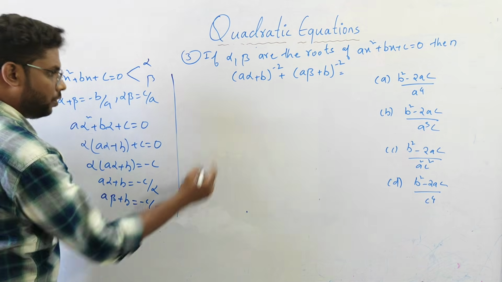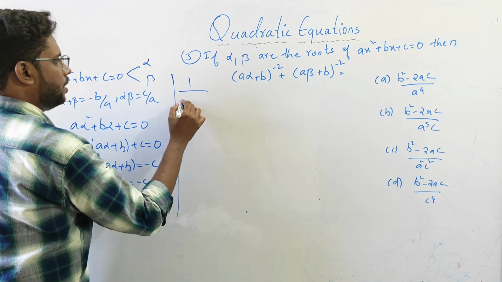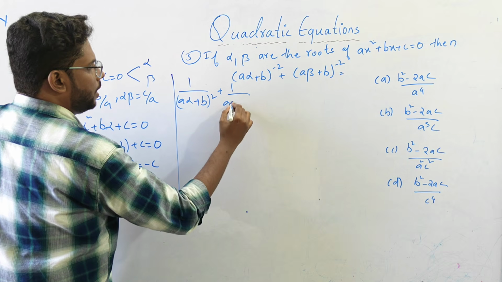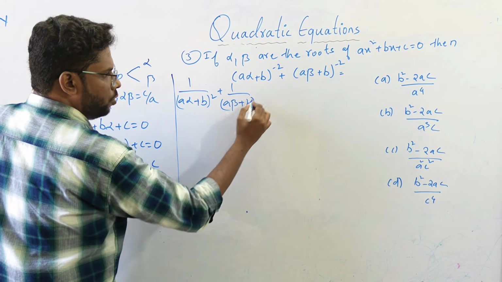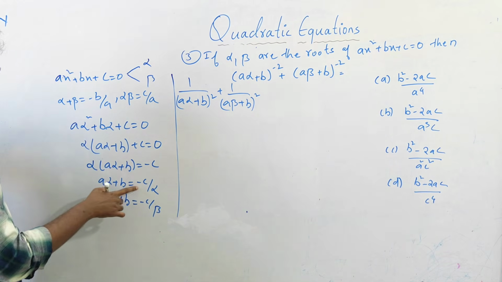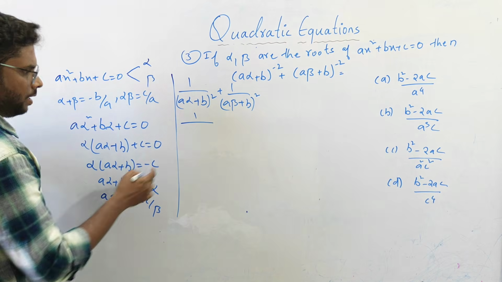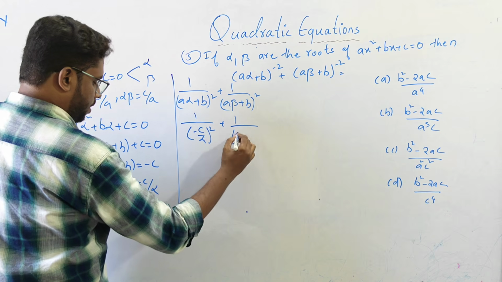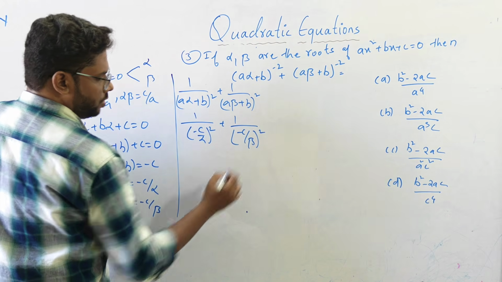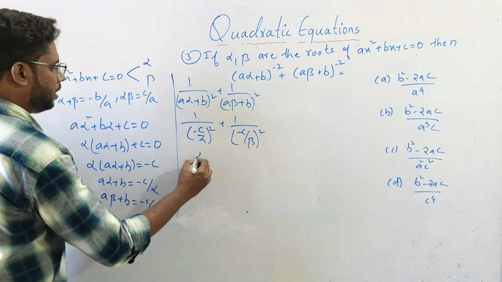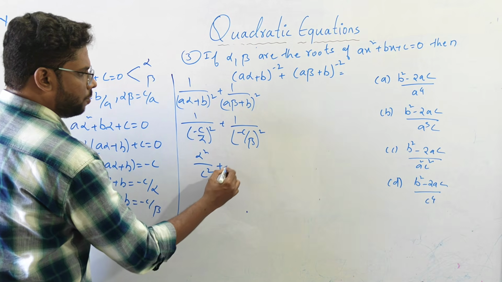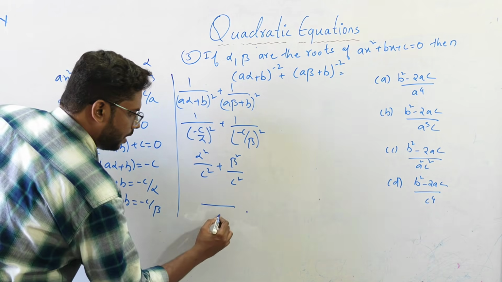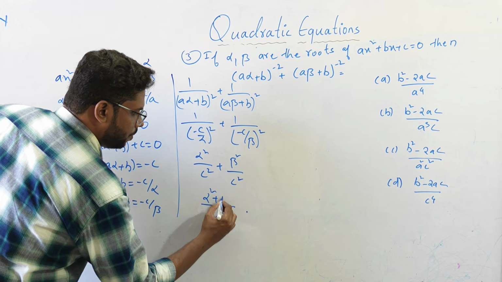Now if I substitute here, what do I get? I can write this as 1 by (a alpha plus b) whole square plus 1 by (a beta plus b) whole square. We already have the value for this: 1 divided by (minus c by alpha) whole square plus 1 divided by (minus c by beta) whole square. So we get alpha square by c square plus beta square by c square. Taking c square as LCM, I get alpha square plus beta square.